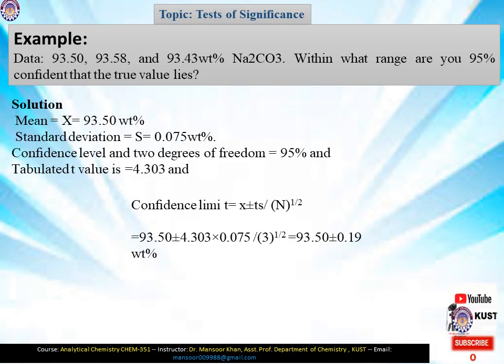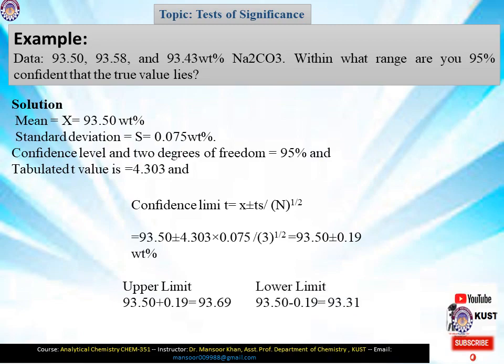Now the question is: within what range are you 95% confident that the true value is present? The 95% confidence level comes from the study of probability, which is beyond the scope of this lecture. After the solution, the mean of the data was calculated, which is equal to 93.50% by weight.